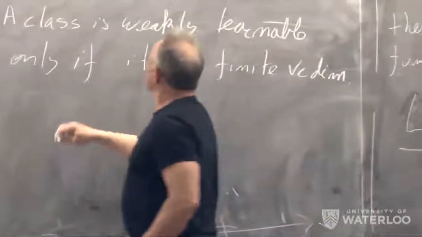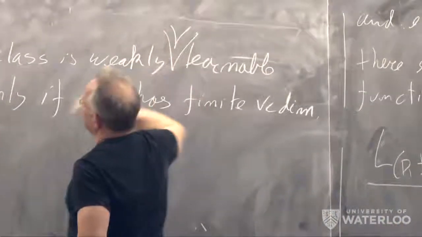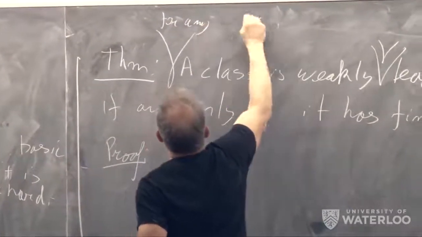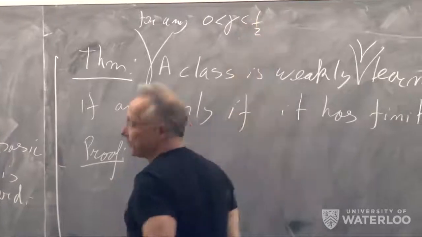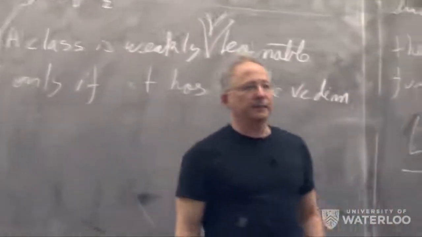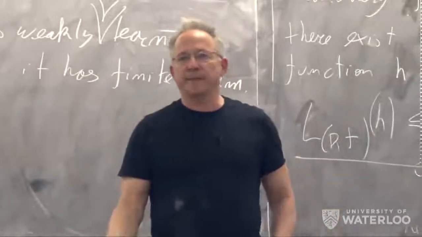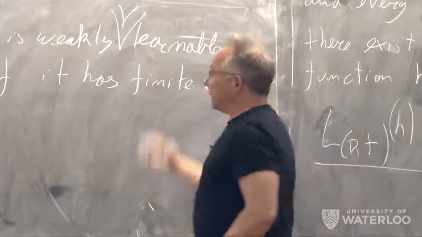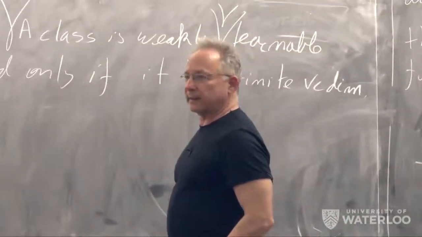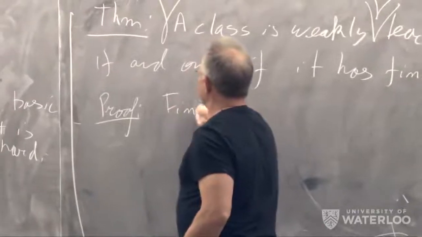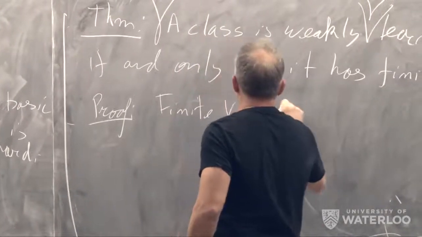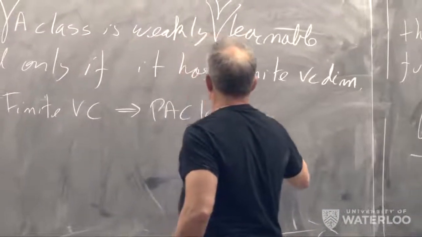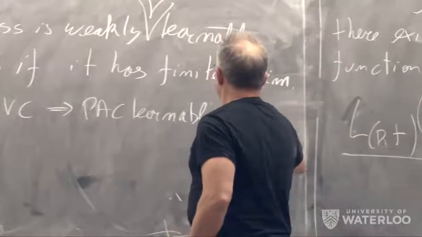And that's for any gamma: it is weakly gamma learnable for any gamma between 0 and half. It doesn't give us any new classes. The whole purpose here is to make things easier computationally. And why is that? One direction is clear. Finite VCD implies PAC learning, which implies weakly learnable.